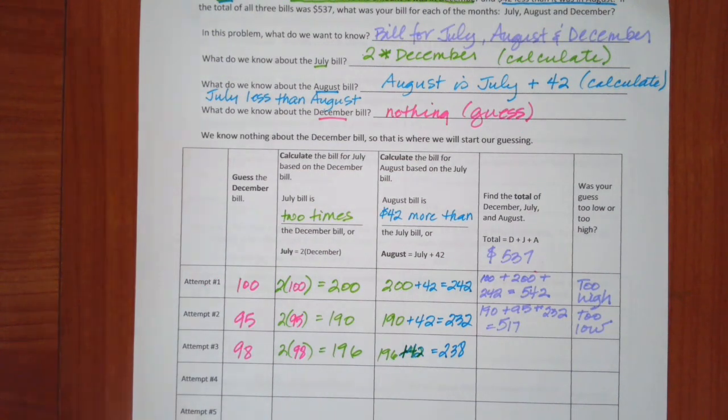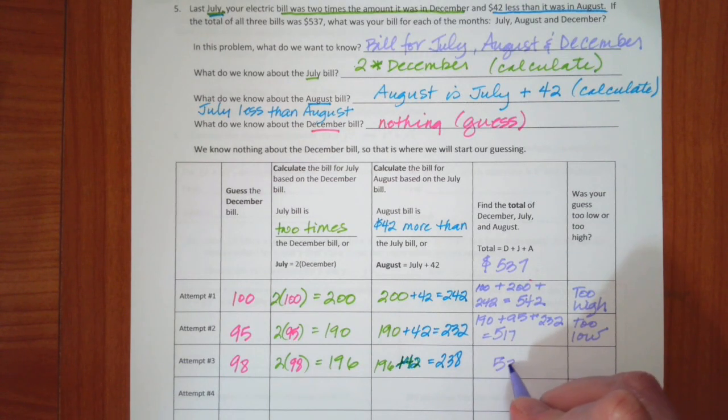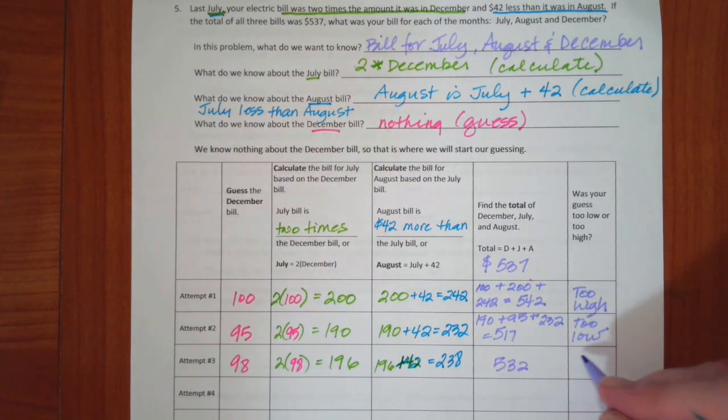And if I add all those up, I have 98 plus 196 plus 238, I get 532. And that is still too low.